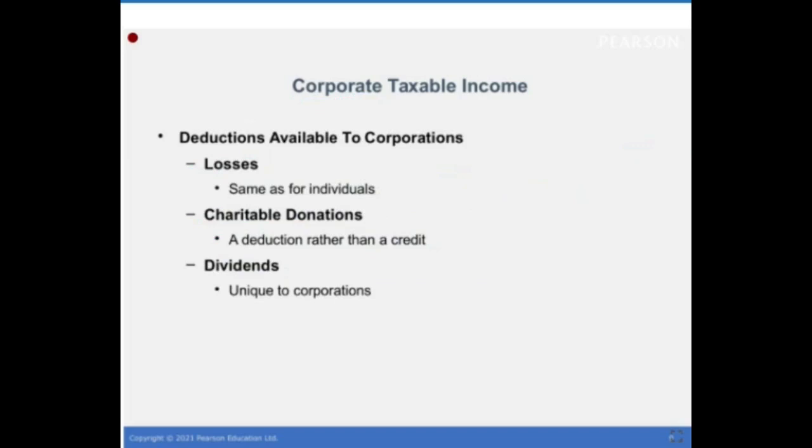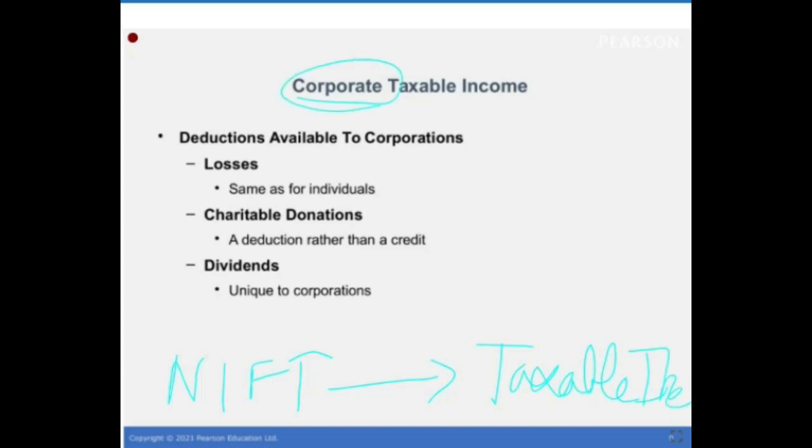How do we get from net income for tax to taxable income for a corporation? So we still have to do that process, just like we did for personal tax. And it's the exact same concept in general, just done a little bit differently. The net income for tax is meant to represent the current year regular income type stuff.